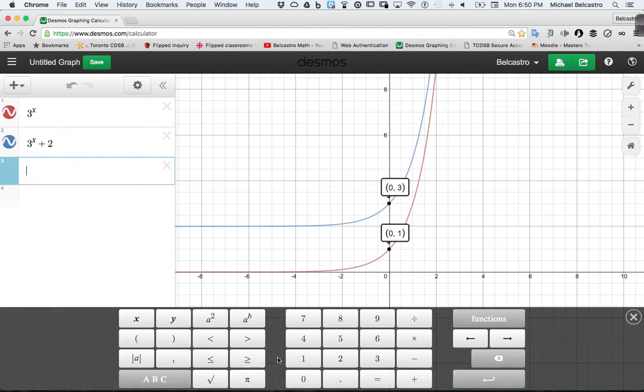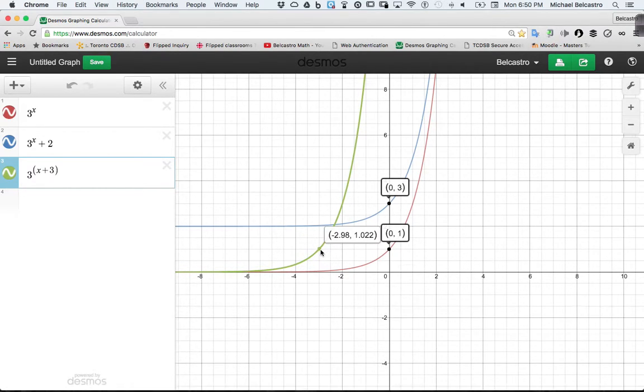We have 3 to the power of x plus 3. There we go. And you'll see that this point right here is 3 units to the left of our original 0, 1. So you can see the coordinates really show you the translations easiest, right?